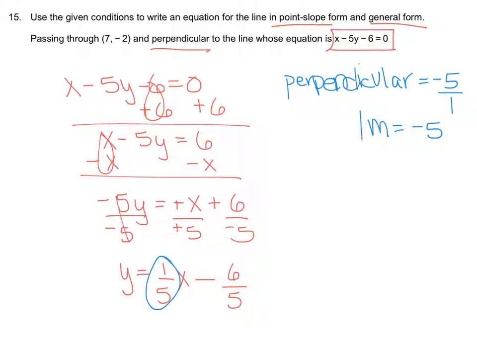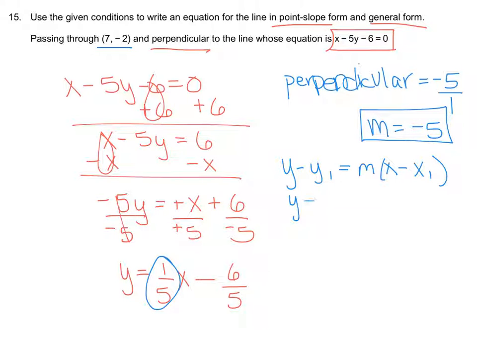Okay, so this is the slope of our new line, and I want it to be going through (7, -2). So I'm going to use point-slope form to write my equation. Y minus y1 equals m times x minus x1. So the y of my point is -2.